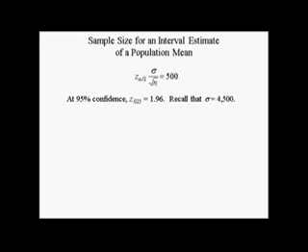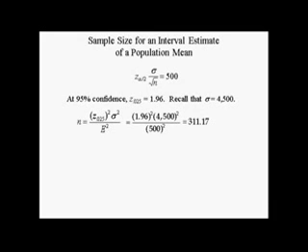In this example, the population standard deviation was equal to 4,500. Plugging these values into the equation for the necessary sample size yields 1.96 squared times 4,500 squared divided by 500 squared, which equals 311.17. Since this is not an integer, the necessary sample size is 312.